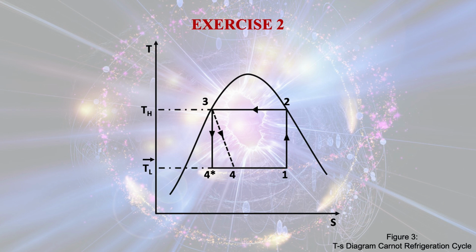In this case the compression process 1 to 2 is an isentropic process, and the process 3 to 4 star is also a compression process, but the actual process 3 to 4 is the expansion process, due to the refrigerant passing through the expansion device.